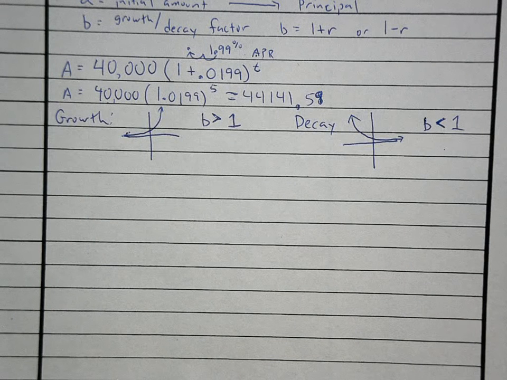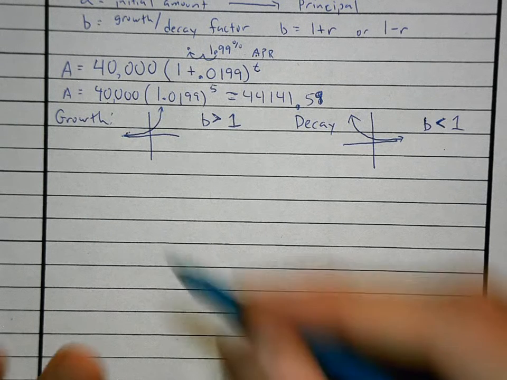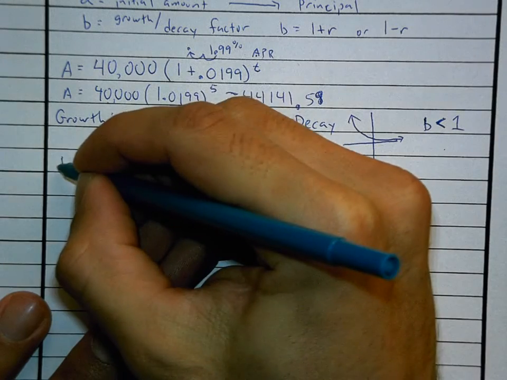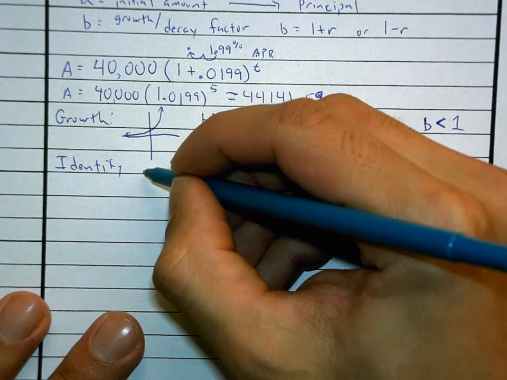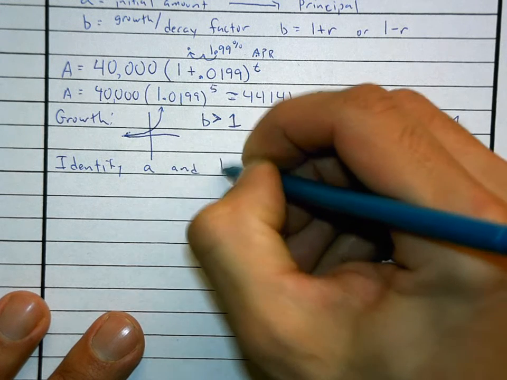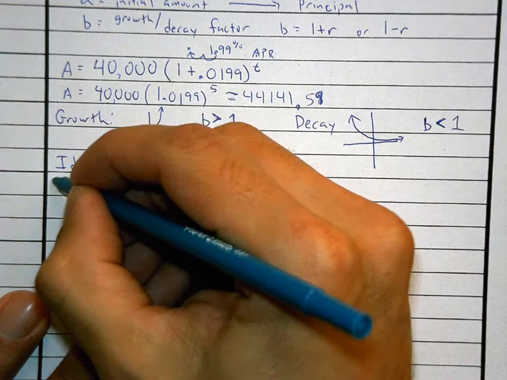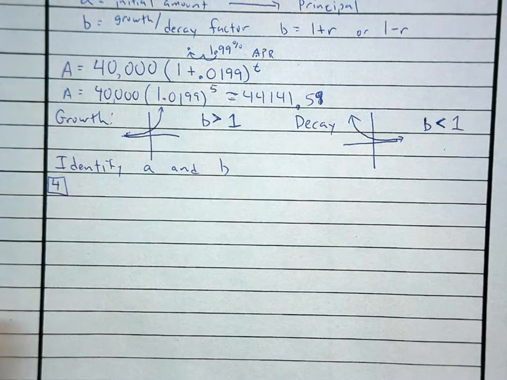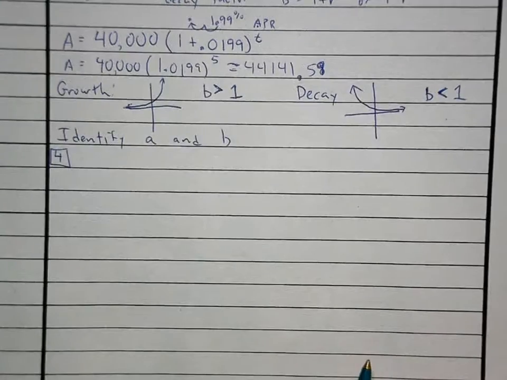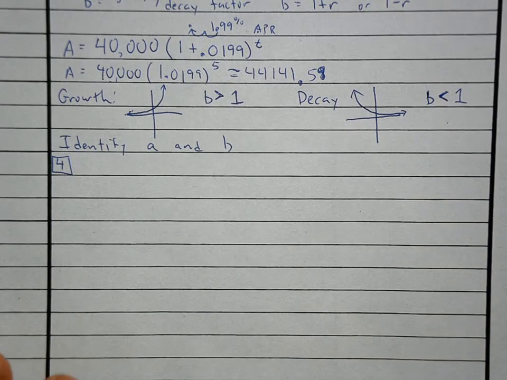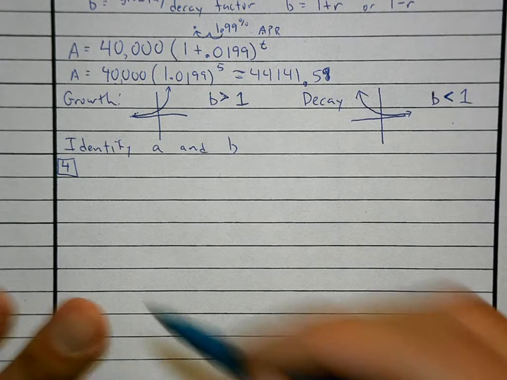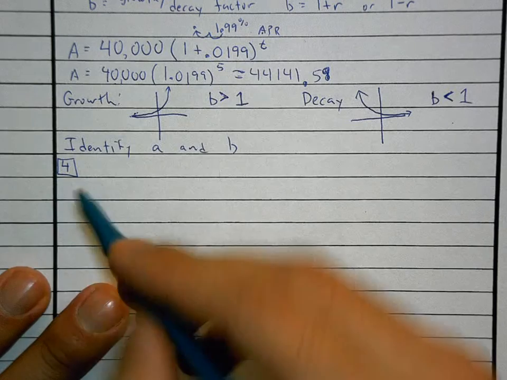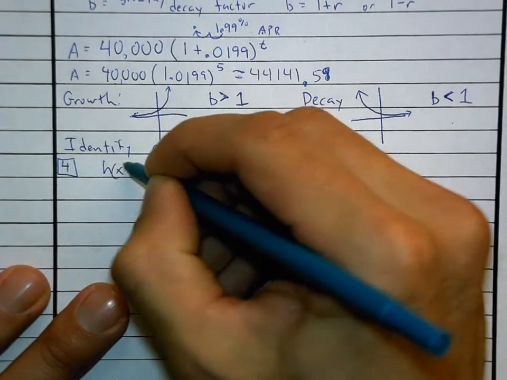This worksheet that we're about to do is going to start off very easy. This is the directions. Identify A and B. We'll do number 4 first. I put number 4 in a box so that you remember that this is the exact same problem as number 4 on the worksheet.